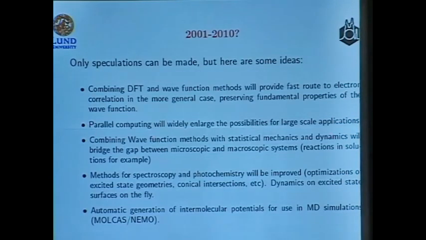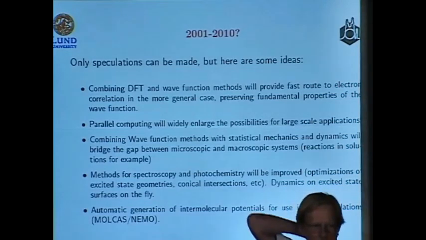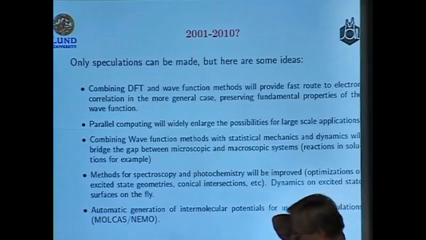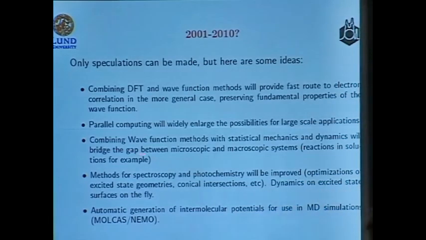Large-scale applications, of course, are only a matter of improving computer efficiency. And now one also has to combine in maybe a more advanced way. This is already done, of course, combining quantum chemistry with classical methods to treat macroscopic or mesoscopic systems, like solutions, proteins, etc. But there's a lot to be done here.